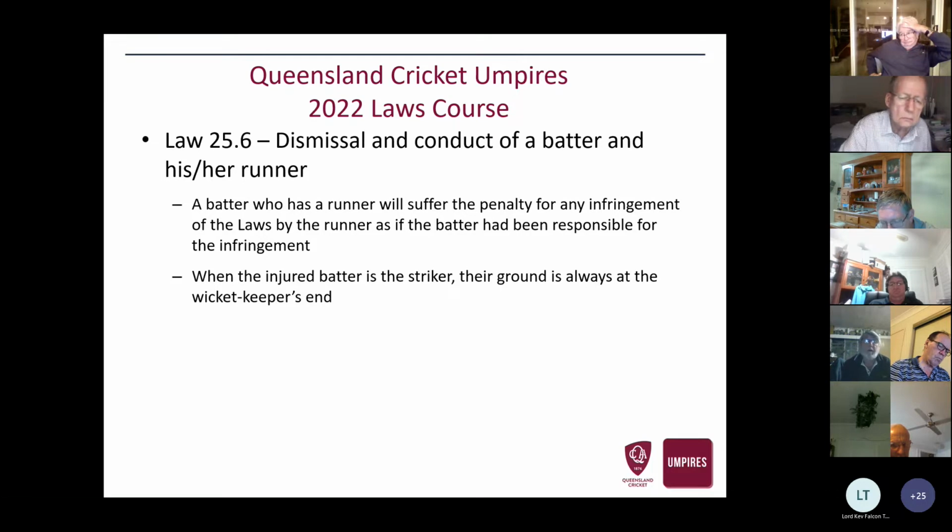And in the event that the striker, as in the injured batter, not the runner, is dismissed, either run out or stumped, any runs are disallowed, not out batsmen return to their original end, and 5-run penalties are the only thing that can be awarded to the batting side.